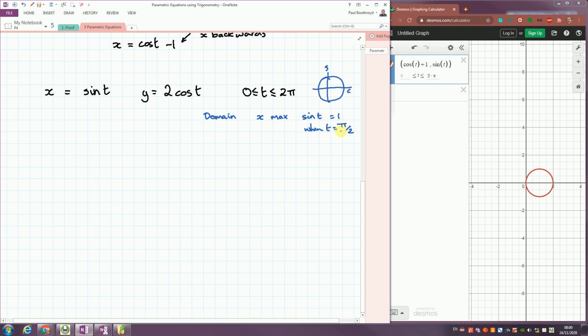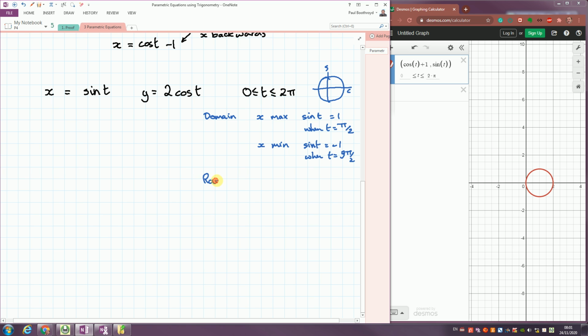So when t is pi over 2, we get our maximum. And we get x is a minimum at the other end, when sine t equals minus 1, which is when t equals 3 pi over 2, because we're going 3 ways round to keep it in that range.